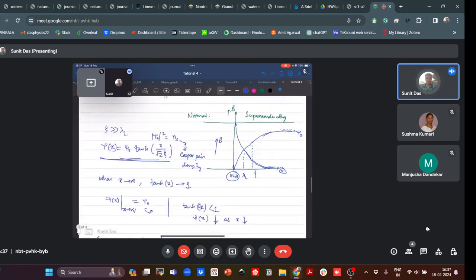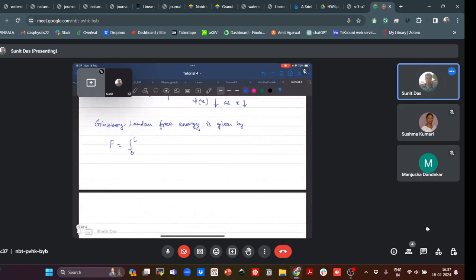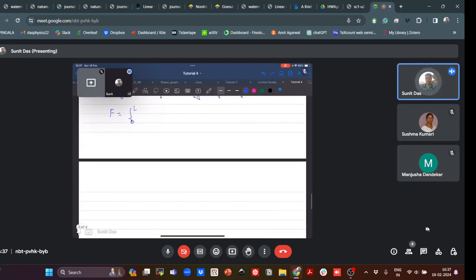Okay, so let me write it: 1D normal superconductor interface. So that's why we're integrating from 0 to L, with dx by L.